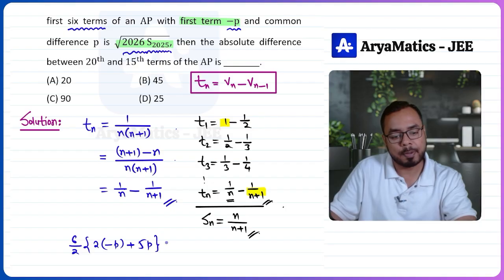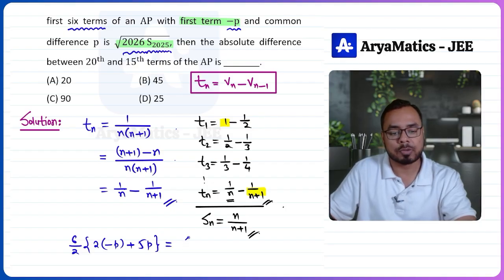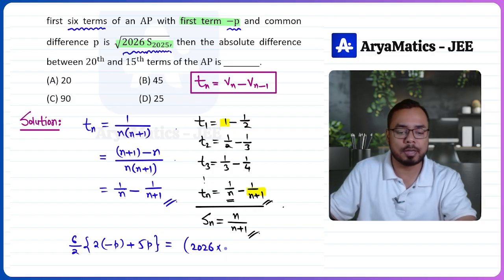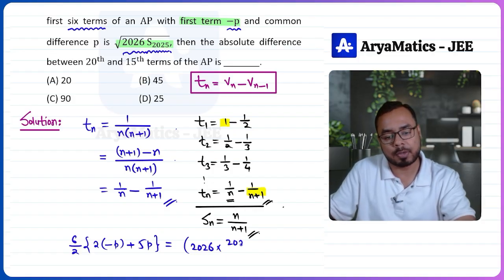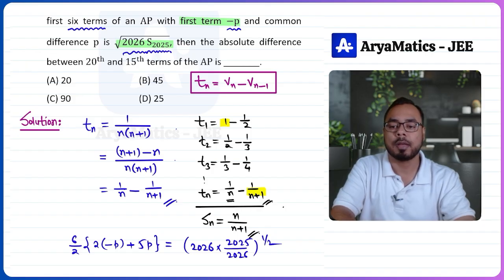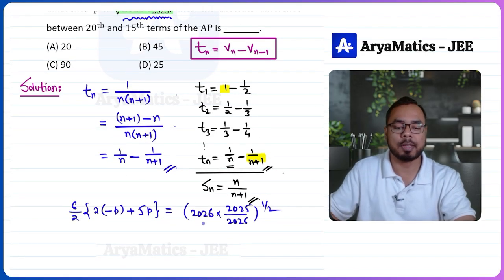Common difference is P, and this sum is square root of 2026 multiplied by S 2025. Now S 2025 means 2025 divided by 2026, raised to 1 by 2. And now by solving this, we need to find the value of P.